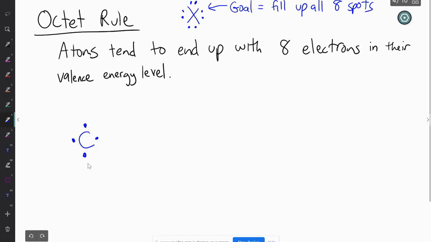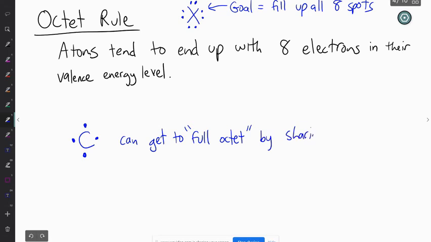So carbon, with its 4 valence electrons, is really looking for a way to end up with 8. Usually it's going to do that by sharing. All right, so a simple way that carbon could end up getting to 8 valence electrons, what we call a full octet, is by sharing with 4 other atoms.